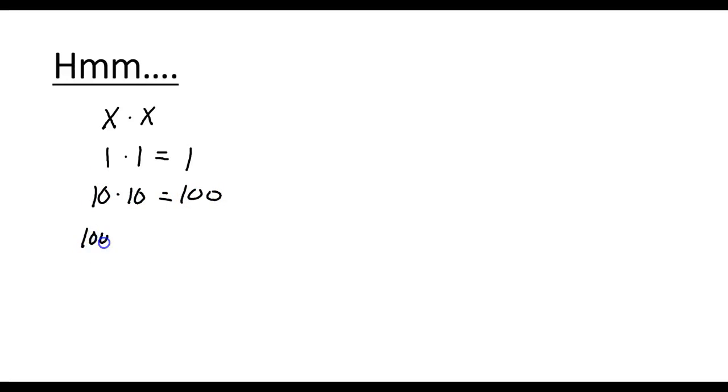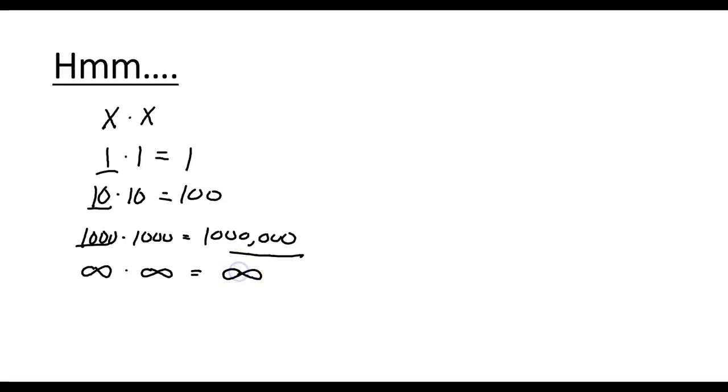If I plug in 1,000, I get 1,000,000. So as this number here gets bigger and bigger and bigger, so does this one, right? So infinity times infinity, what do you think that's going to be? Infinity. So that's one fact that I'll share with you guys.